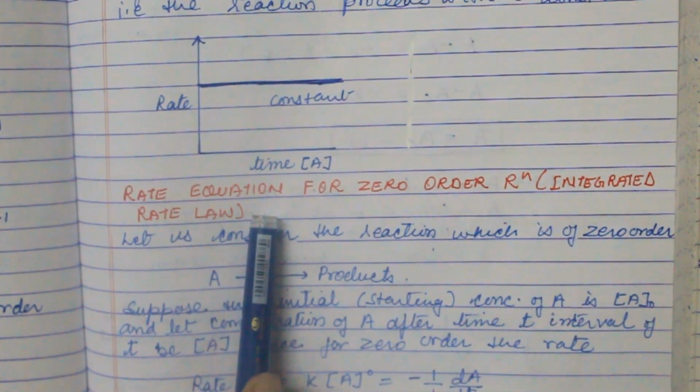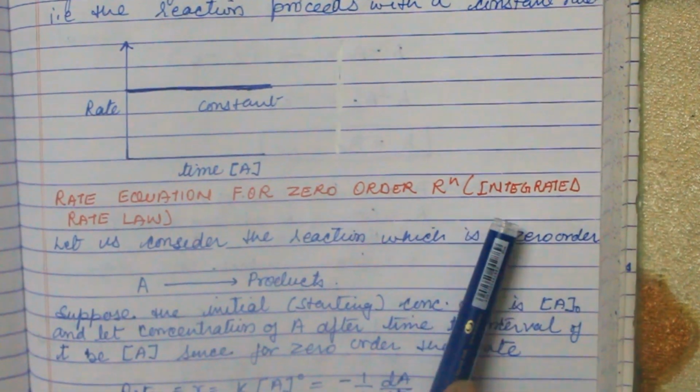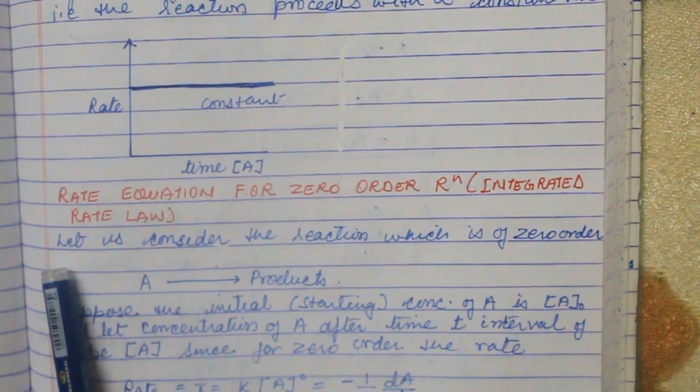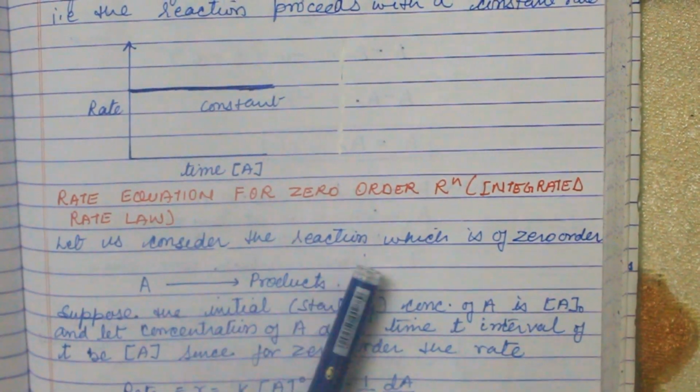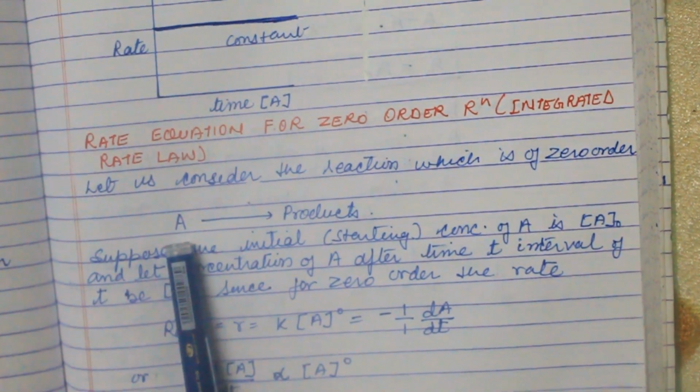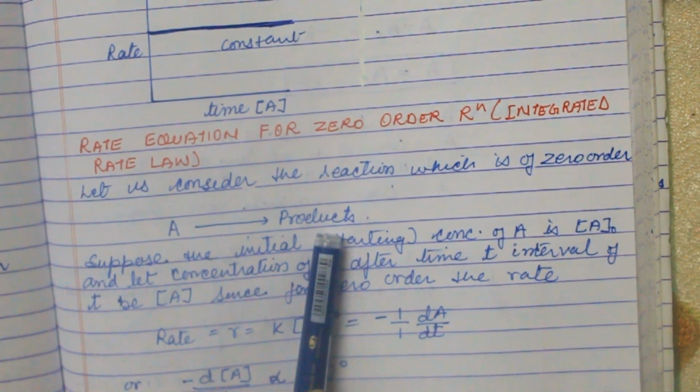Now the rate equation for the zero order reaction, or the integrated rate law. First let us consider a zero order reaction, that is A gives the product.